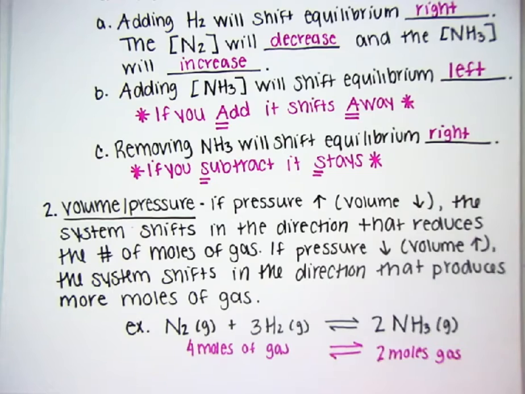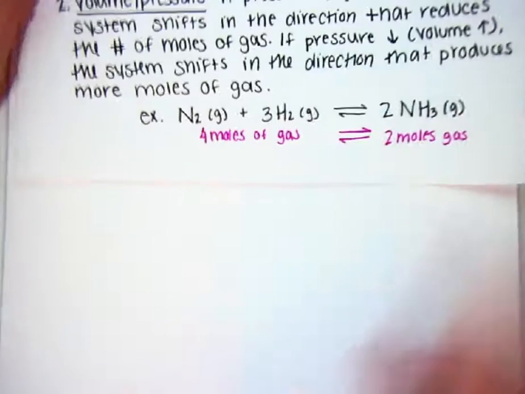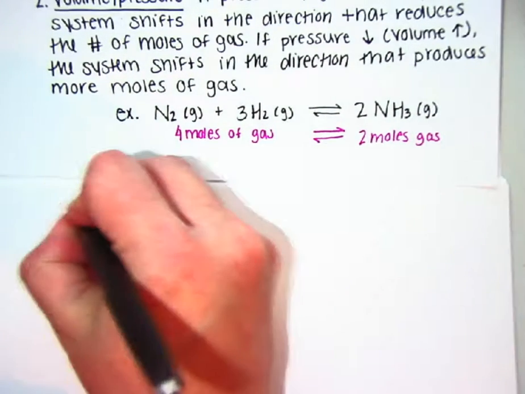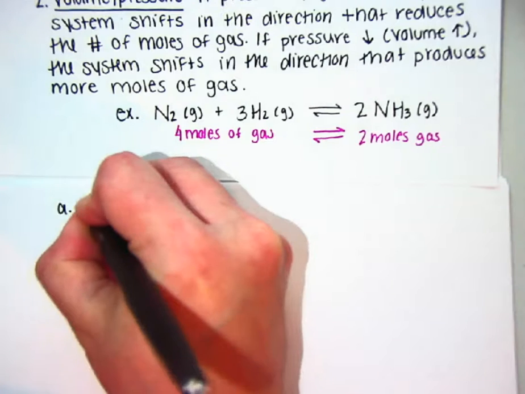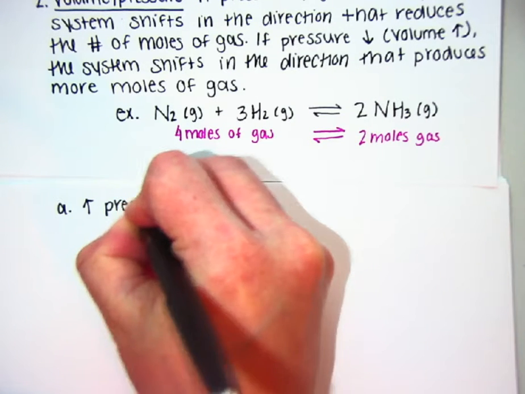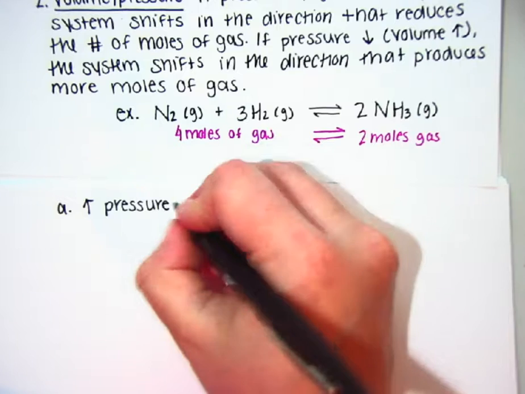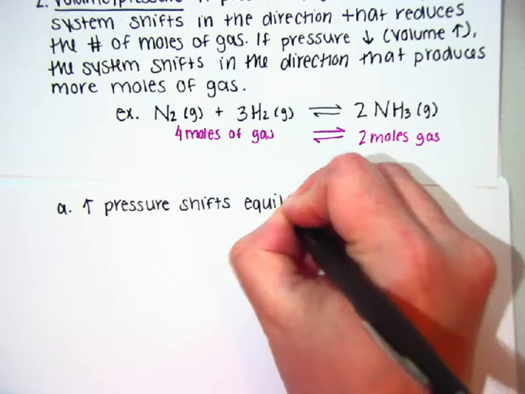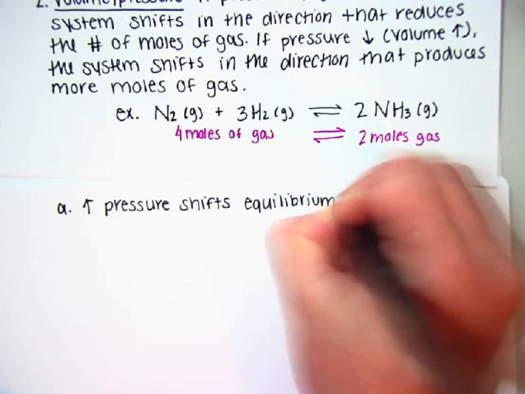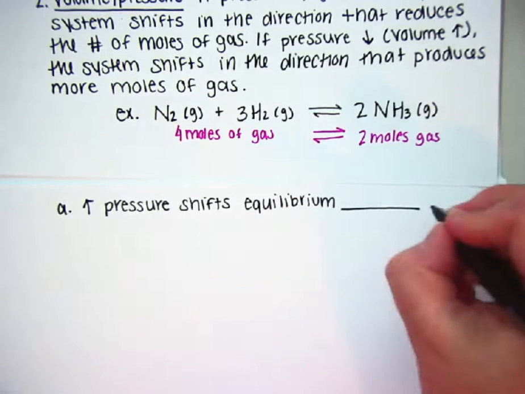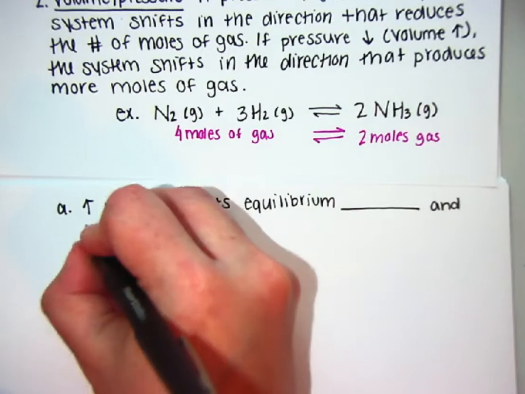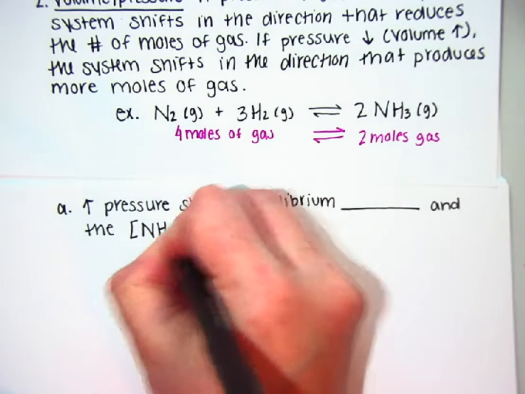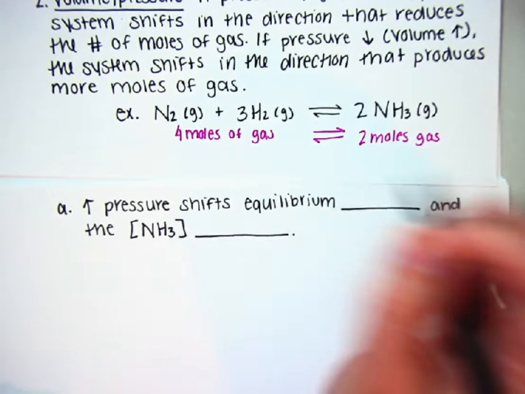Alright, so let's look at 2 problems. A. Increasing pressure shifts equilibrium blank and the concentration of NH3 blank.